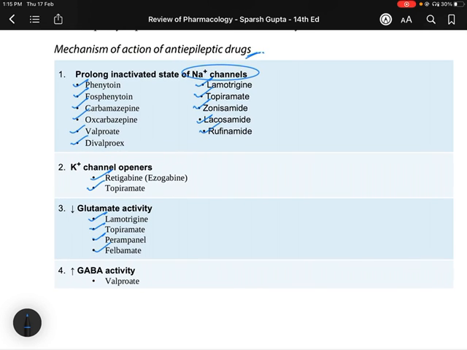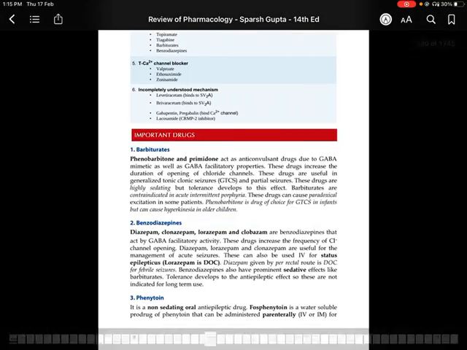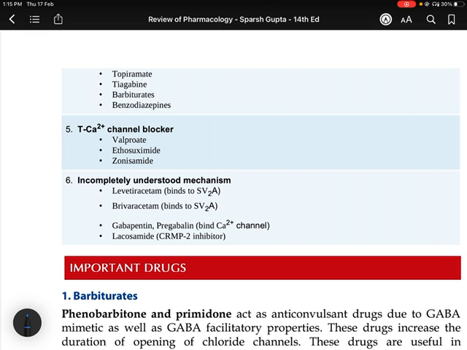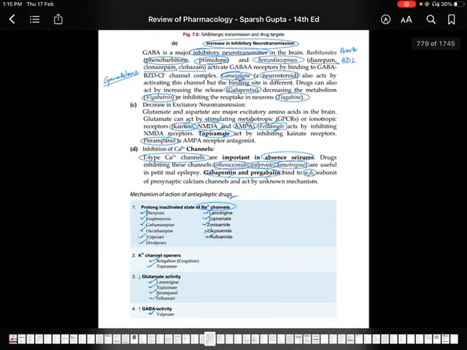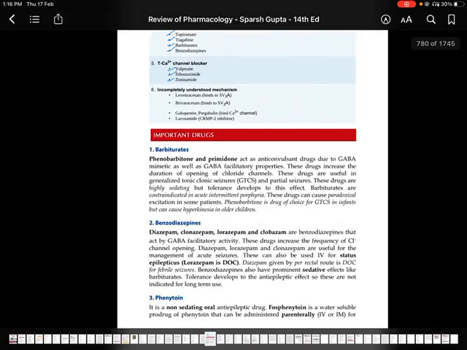Increasing the GABA activity: valproate might increase the GABA activity. Topiramate will also increase it. Tiagabine, yes that is happening, and barbiturates, benzodiazepines. For T-type calcium channel there was ethosuximide, valproate and zonisamide. Also there was one more, right? Lamotrigine also.